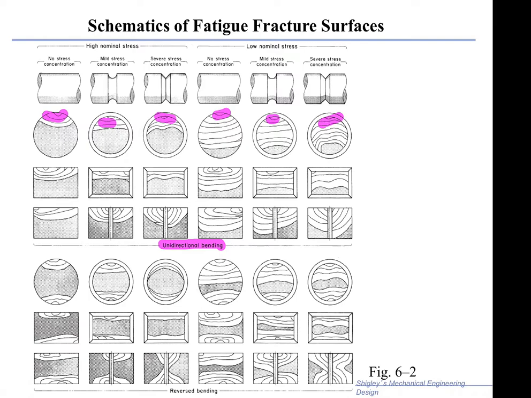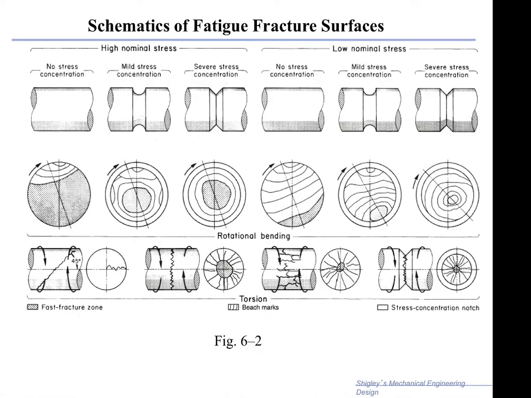On the other hand, if you have reverse bending, then the cracks can initiate from both sides, as you can see here from these figures, and they interlink directly in the middle. So these are all observations that can help us decide if we have encountered a fatigue failure of a certain kind.